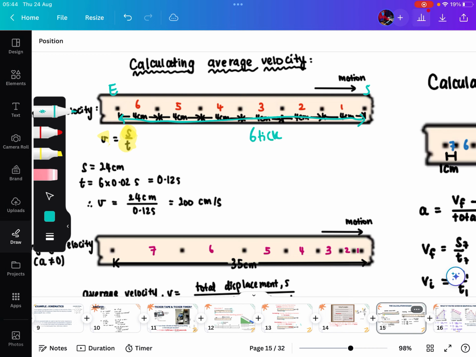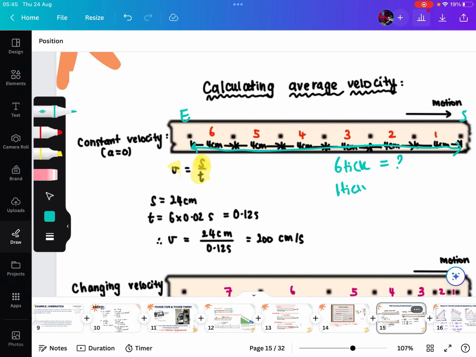So 6 ticks is how many seconds? 1 tick we know, for a 50 hertz ticker timer, is 0.02 second. This is the frequency of the ticker timer.